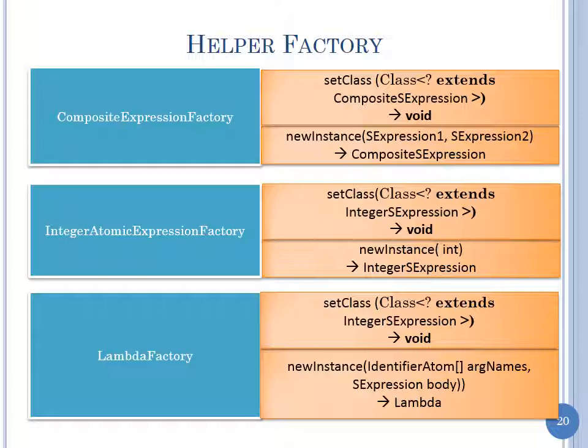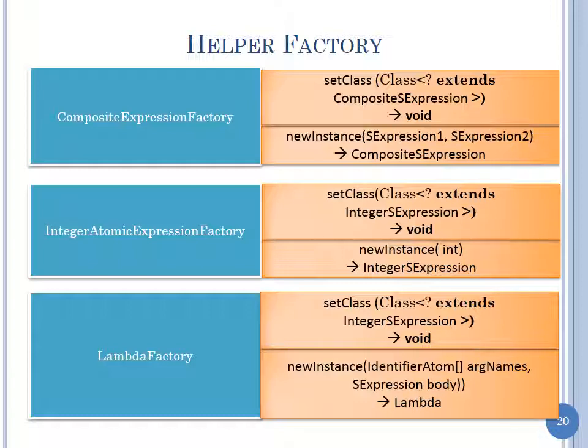It will be your job in your lambda evaluator to extract the identifier atoms, the formal parameters, and to extract the body. Once you do that, you tell the lambda factory, here's the body, here's the formal parameters, please create a lambda object that can evaluate itself. That lambda object will have its own eval method that you don't have to deal with. This just makes the job a little easier for you to create the lambda object.